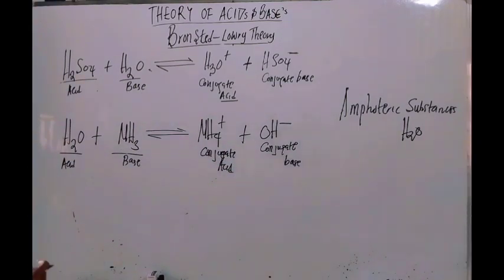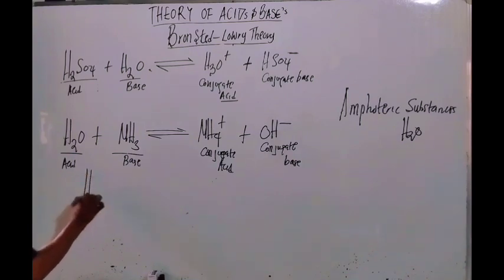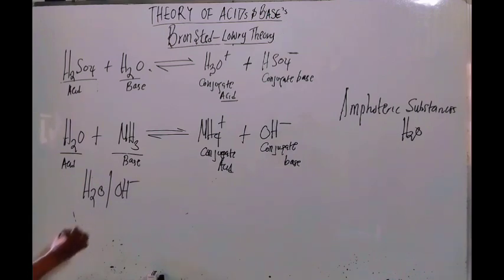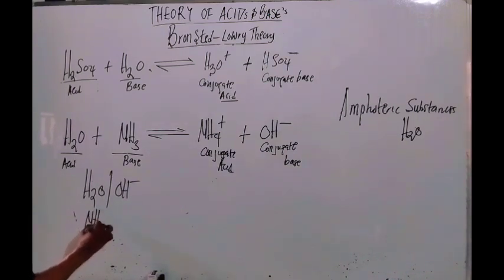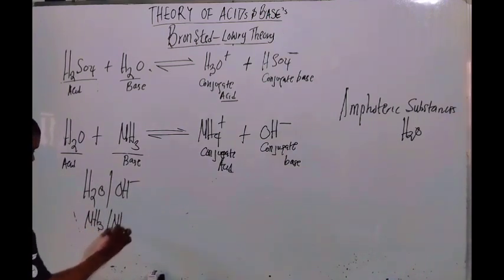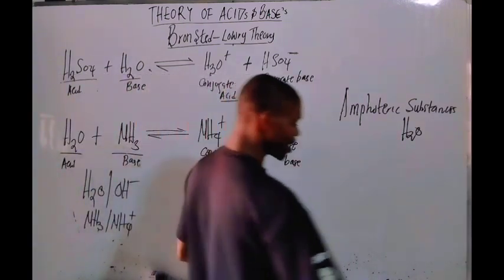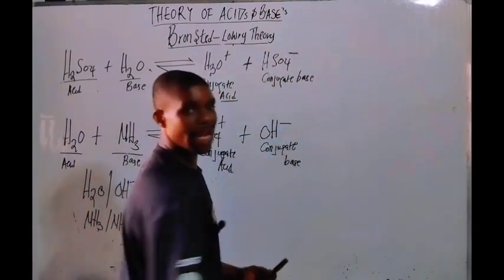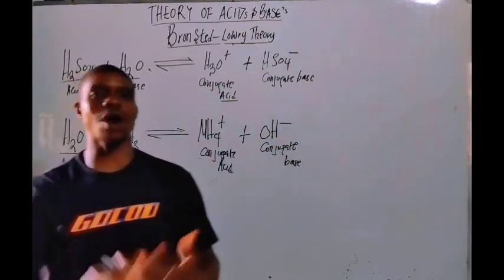So what are the conjugate pairs? We have H2O slash OH minus, right? Now here we have NH3 slash what? NH4 plus. Can you see that? Now what about if you are reacting water with water? When you are reacting water with water, it's called auto-ionization of water.